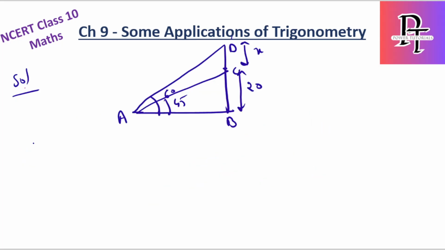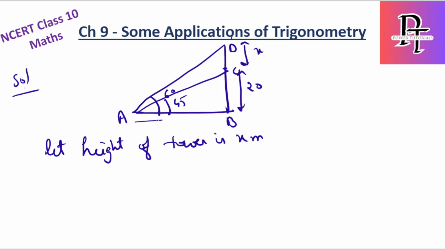Okay, so let the height of the tower be x meters, and suppose the distance is y meters. First of all, every time I suggest always go for the small triangle first, then go for the big triangle.